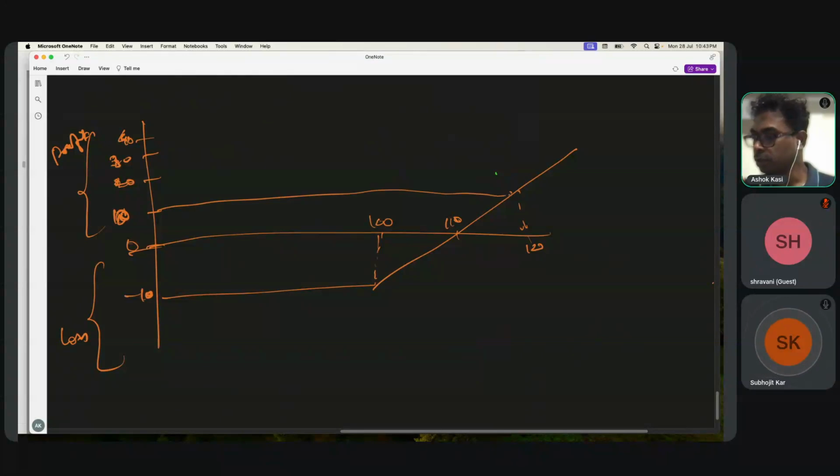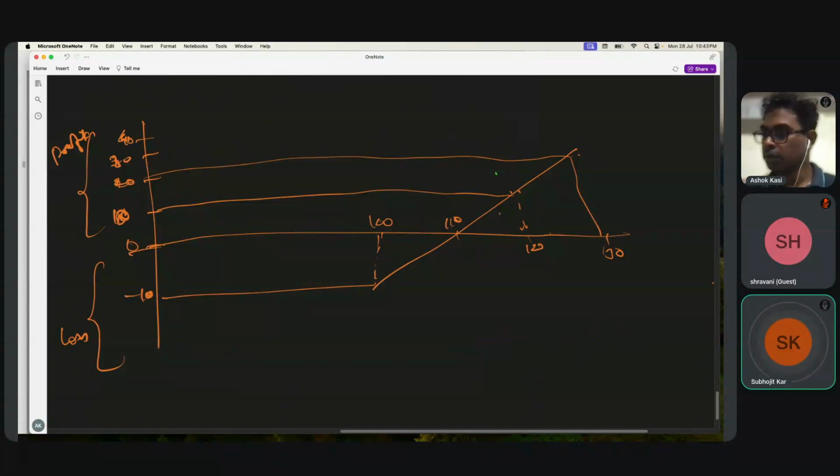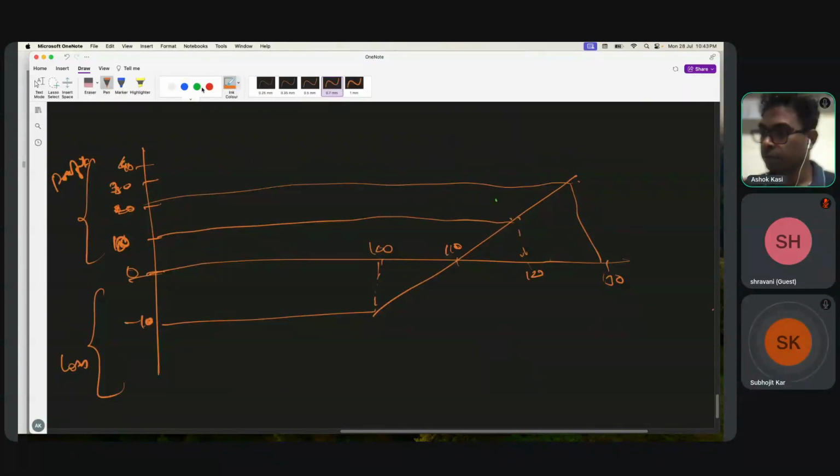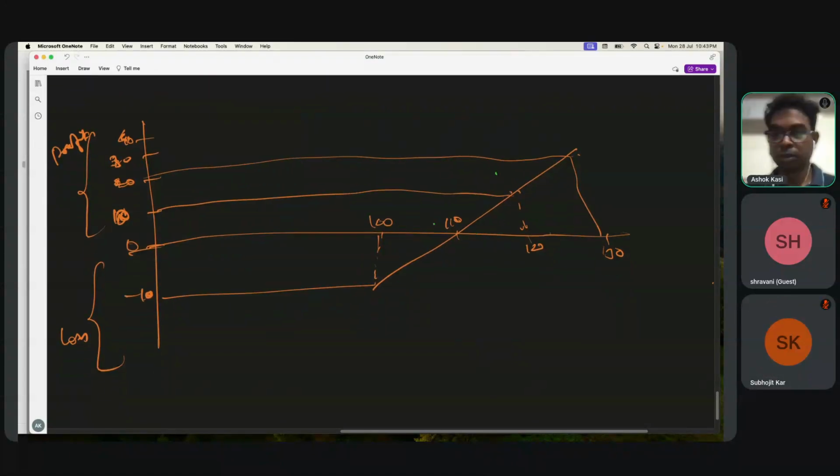It will come like this. Then 130, and this is 20 rupees. How did they join both of these lines? That is what we did. So this is for call options.